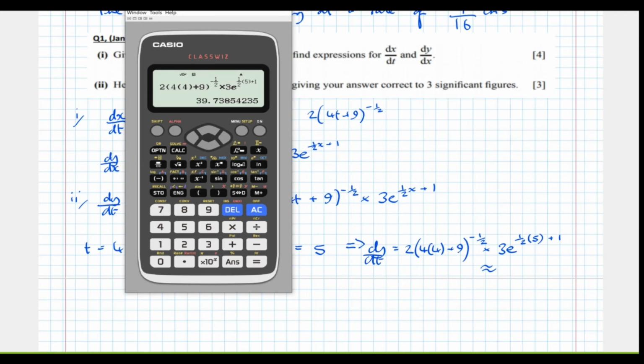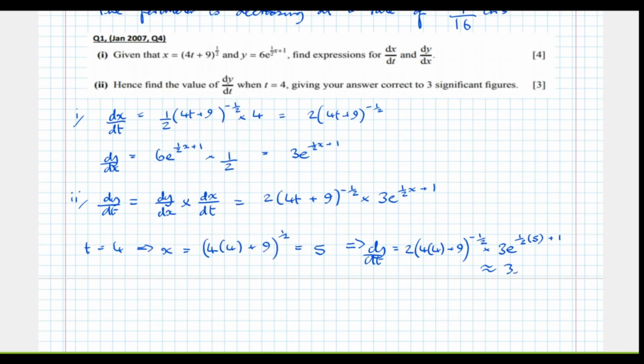And as for 3 significant figures, 39.7. Which, checking the mark scheme, is correct.